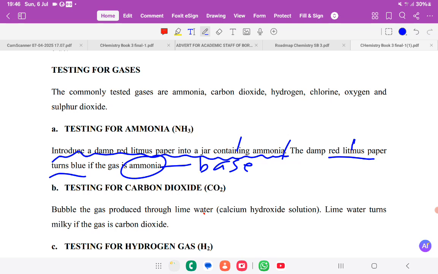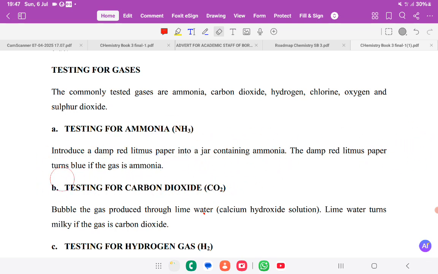Notice that the explanation consists of what you do in the experiment and the result, the outcome. 2 marks.